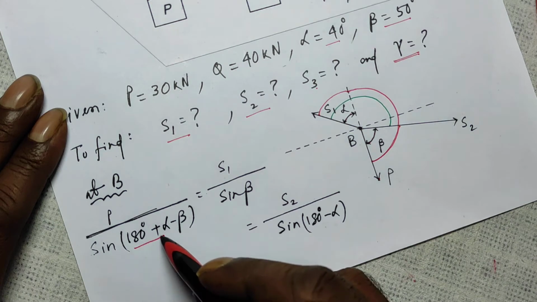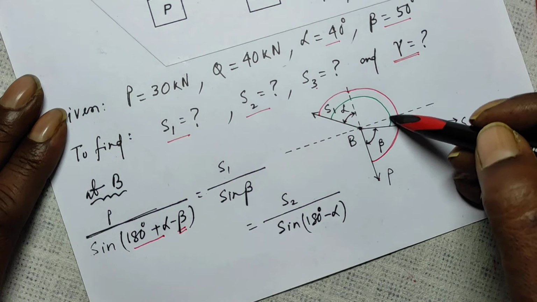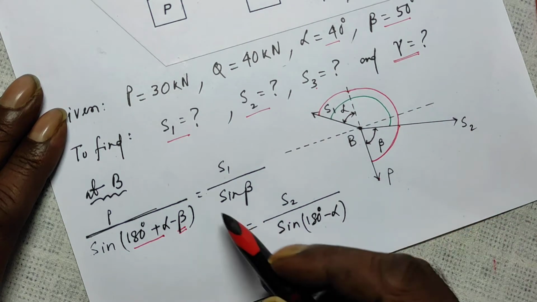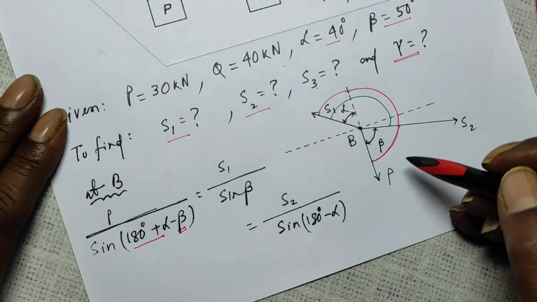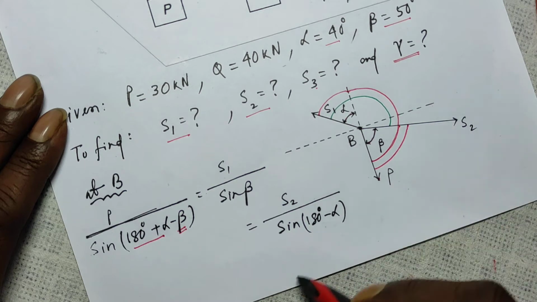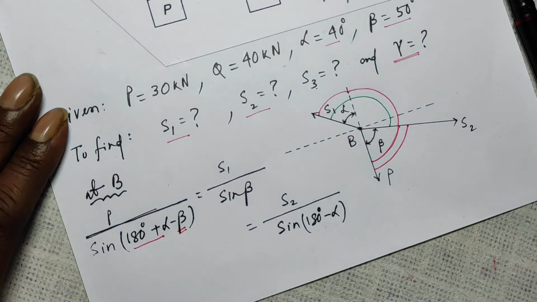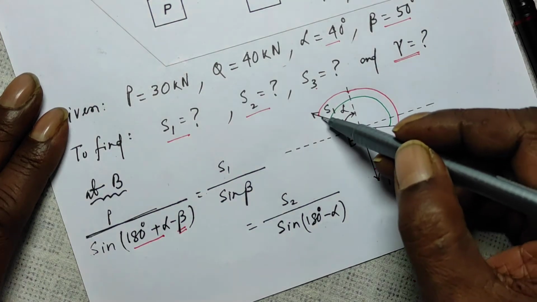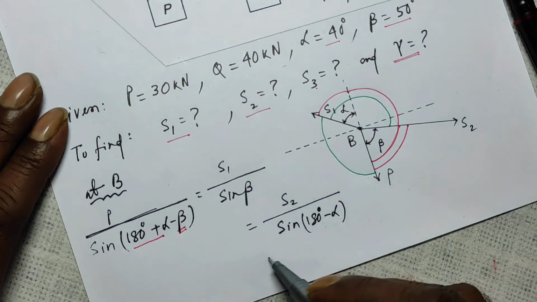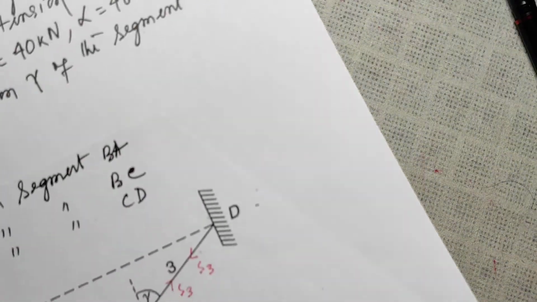So sine of (180 plus alpha minus beta) is this green part, over is equal to S1 over sine of this angle, that is sine beta, is equal to S2 over sine of this angle, which is equal to 180 minus alpha. That's all. Then we proceed gradually to solve the new problems.